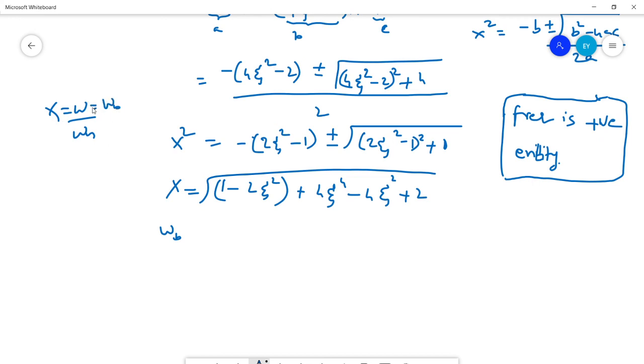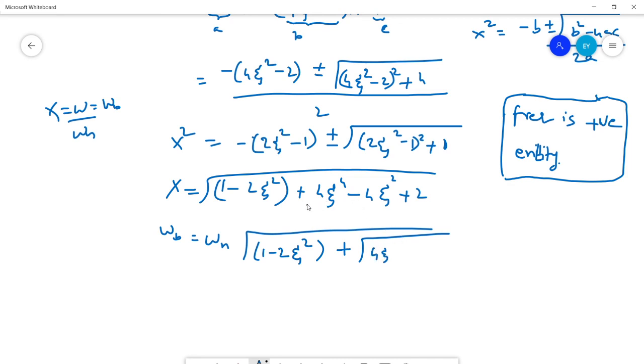So omega b by omega n is equal to this term, and I'll write the final equation directly: omega b is equal to omega n square root of 1 minus 2 zeta square plus square root of 4 zeta power 4.